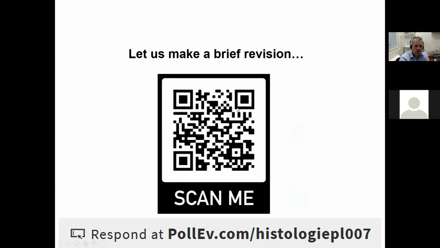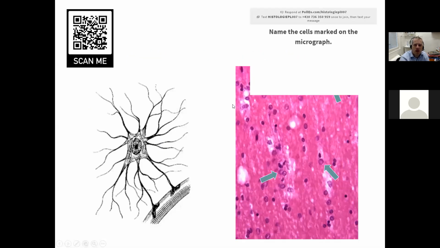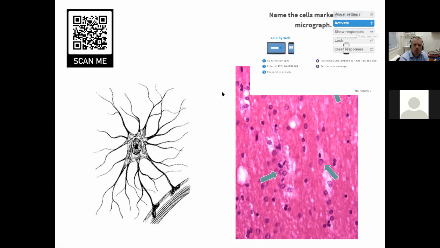So please, if you visit this page to post your answers, I have prepared some short review regarding the nerve tissue from your previous class. So if you go to this web address or use that QR code, and there is the first question waiting for you. The arrows are pointing to some nuclei.